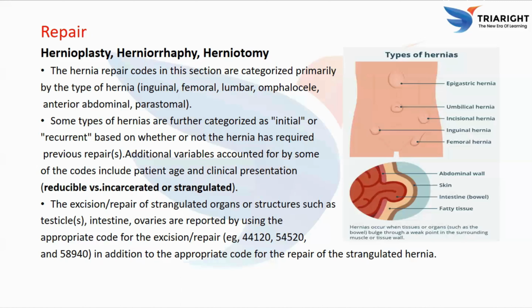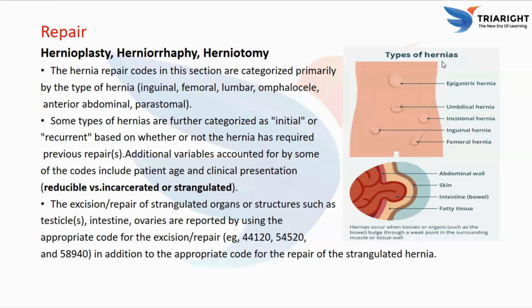So what is the important coding rule here? Repair of the strangulated hernia is coded separately from excision or repair of the affected organ. What are examples of these additional codes? 44120 for resection of the intestine, 54520 for excision of the testis, 58940 for ovarian surgery. These codes are reported in addition to the hernia repair code.